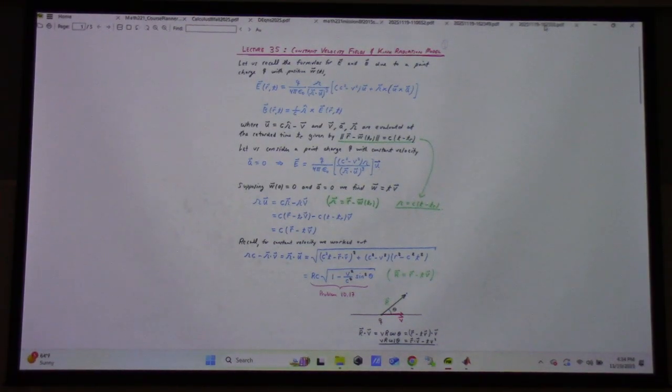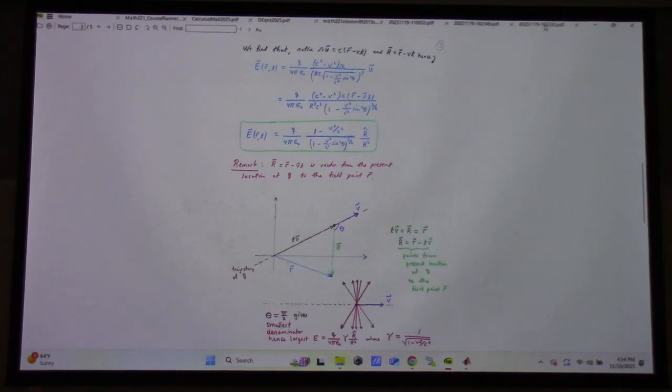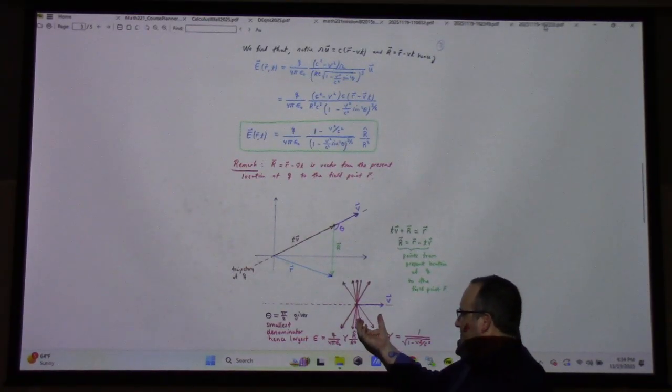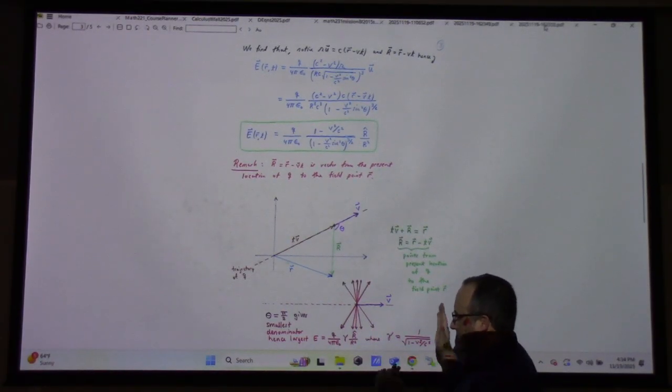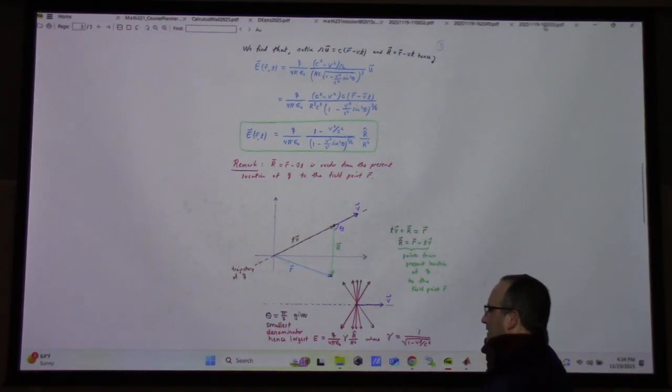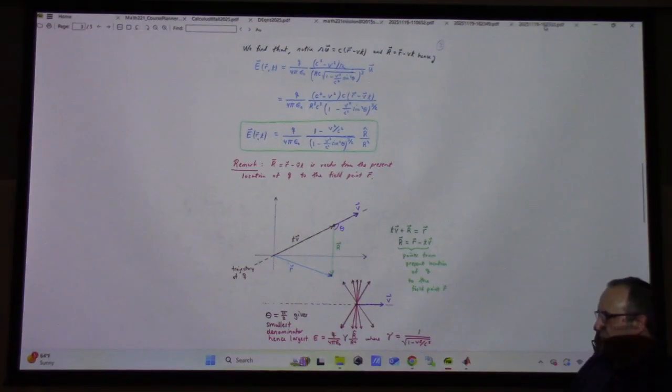All right, so let us remind ourselves. Last time we went over the constant velocity fields, and I tried to go over the kink radiation model, but I neglected to pay attention. This, of course, is what the electric field looks like for constant velocity. The field lines are bunched up and smooshed perpendicular to the direction of motion of the constant velocity charge.